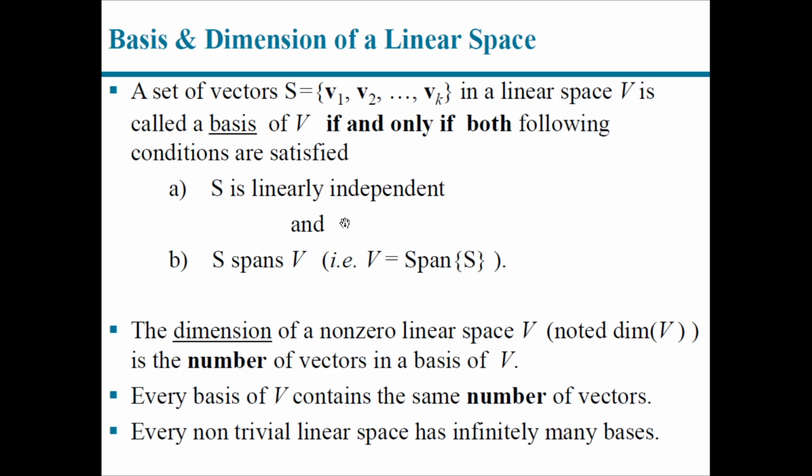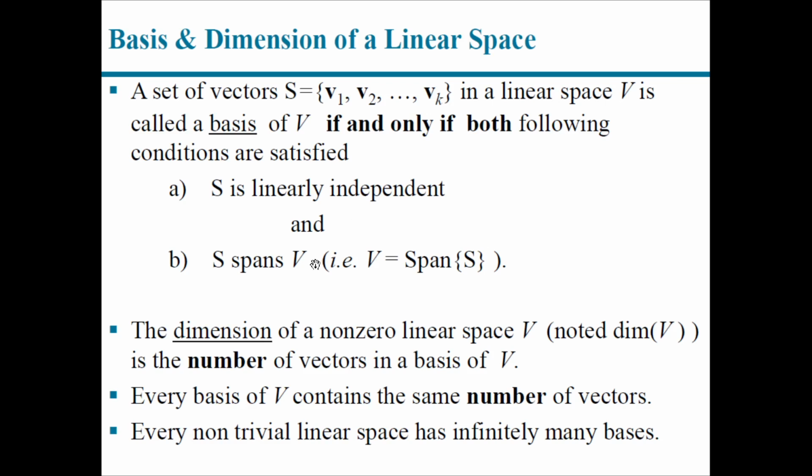And second thing that must be satisfied also is that the set spans V, which means set S creates V, which means that V is the set of all linear combinations of vectors v1, v2, ..., vk. Okay, so this is pretty much a space. So a basis is actually a set of vectors that are independent and they create the entire space.